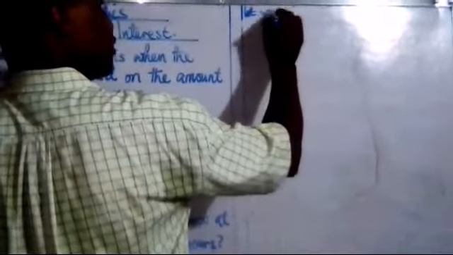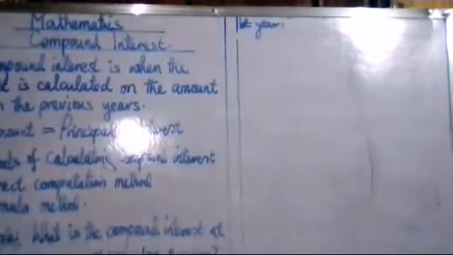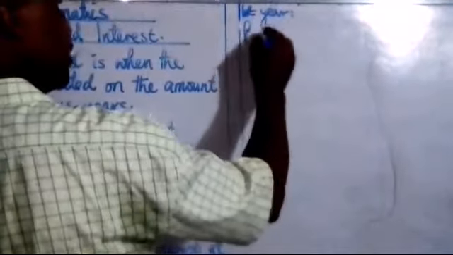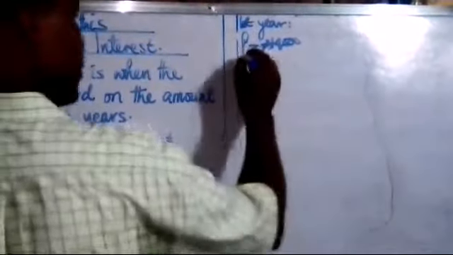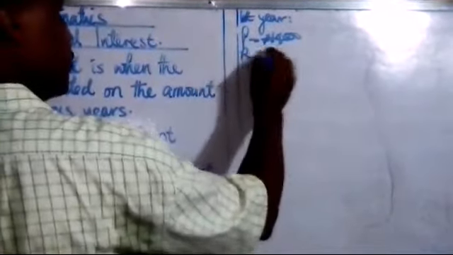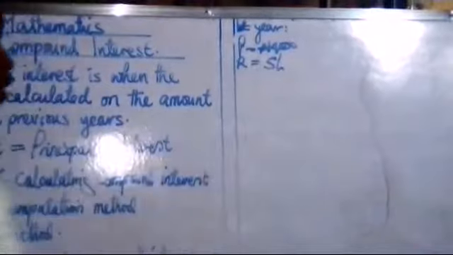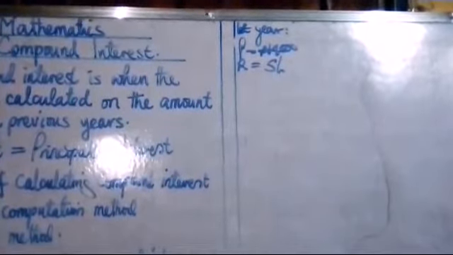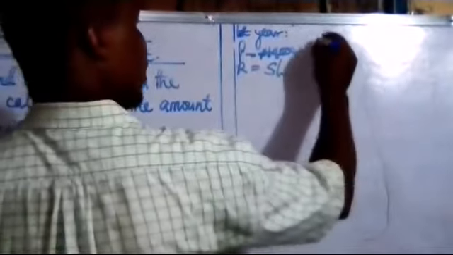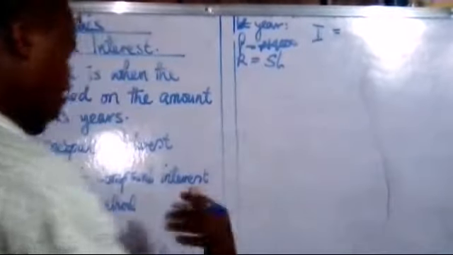So for the first year, our principal P is equal to 4,000 naira. Then our R will be equal to 5%. Of course, we are not going to write 4 years. It's only 1 year that we'll write. So what will be our interest? Our interest will still come from the normal formula we have. 100I is equal to PTR.